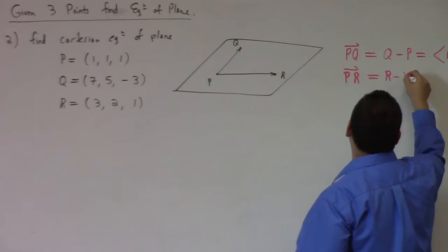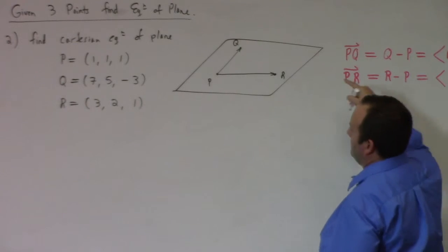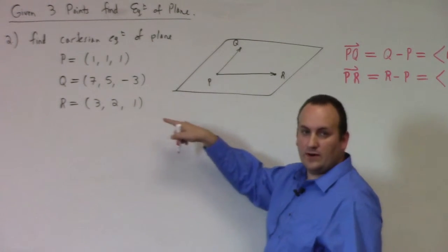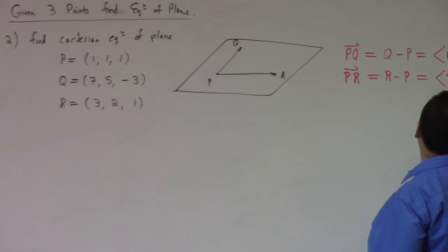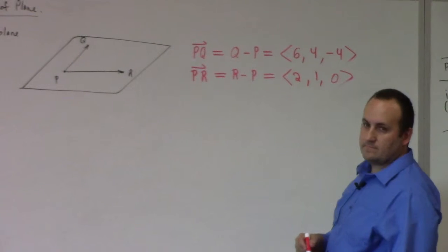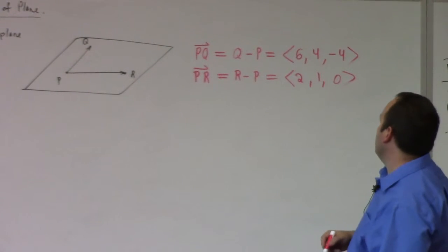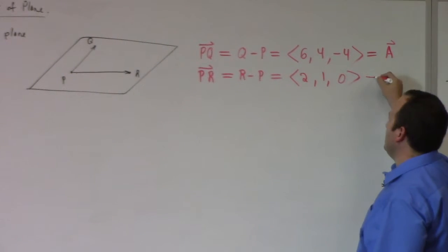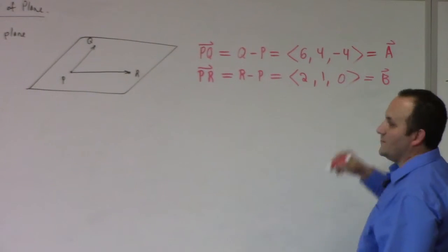R minus P, right? That's how it goes. So what's that? That's (2, 1, 0), right? I usually call these A and B because I get sick of writing PQ and PR, but you can call them whatever you want.